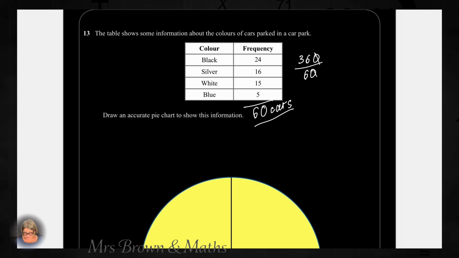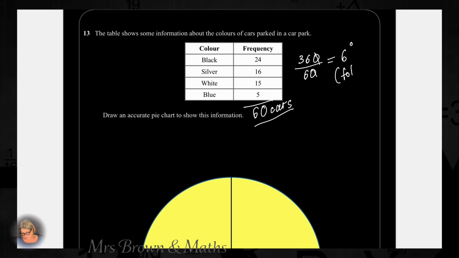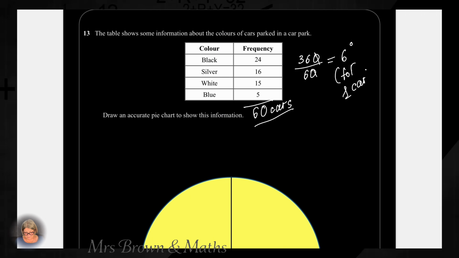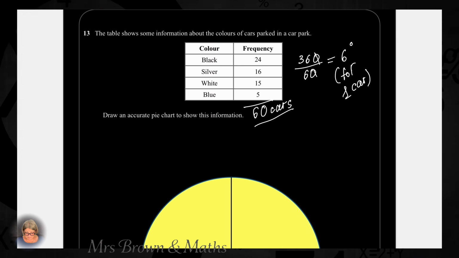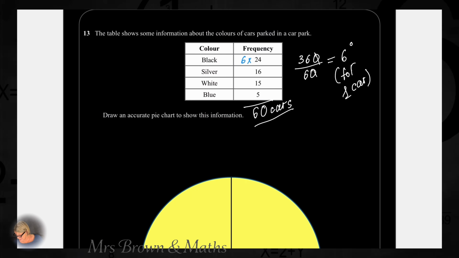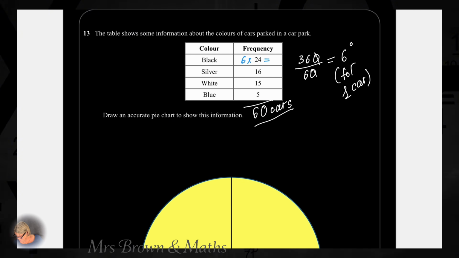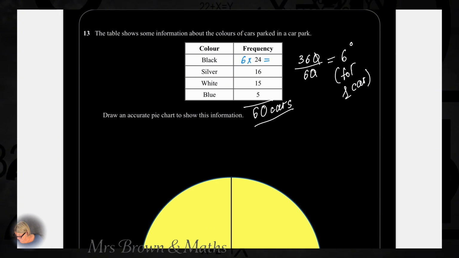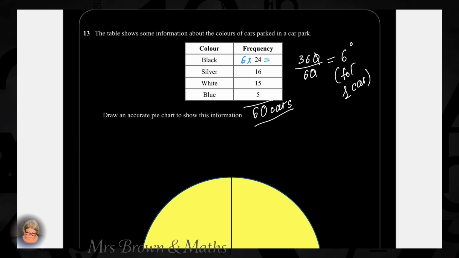It means 6 degrees for one car. So if I have 24 cars, black cars, 6 times 24 is, use your calculator, 144.